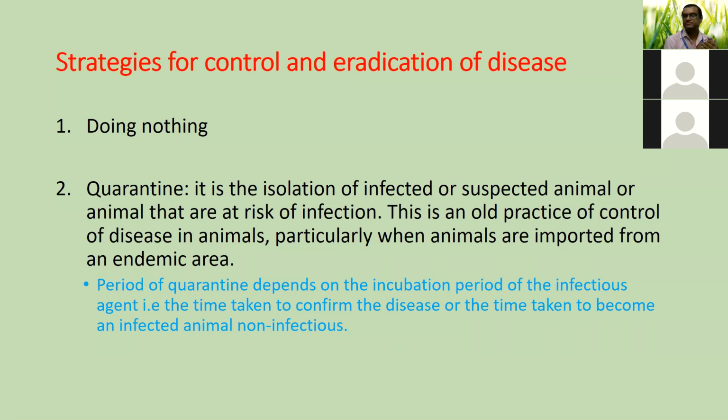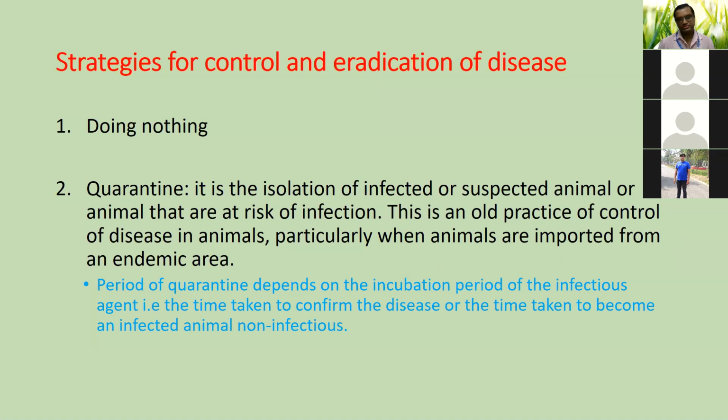And if the animal is infected, suppose the animal is diseased and it was kept for quarantine, it will be kept in quarantine for a period until the animal becomes non-infectious. That is the period of quarantine. So that is very important to understand.